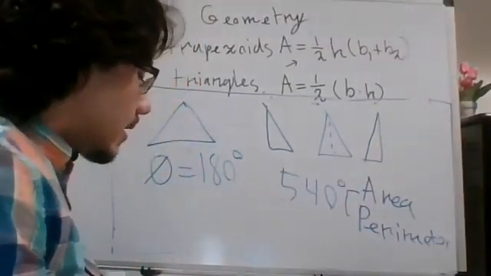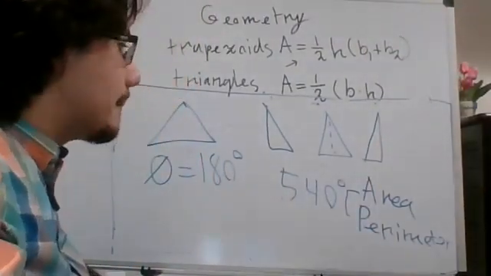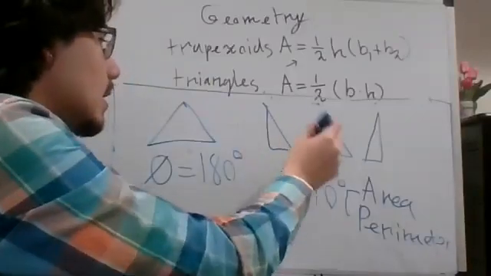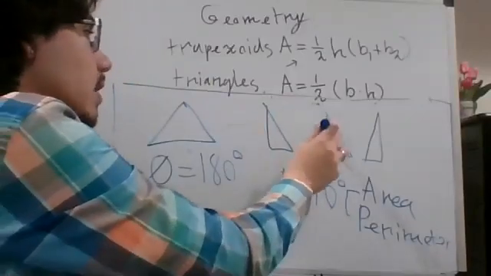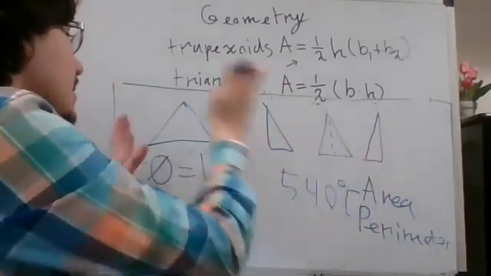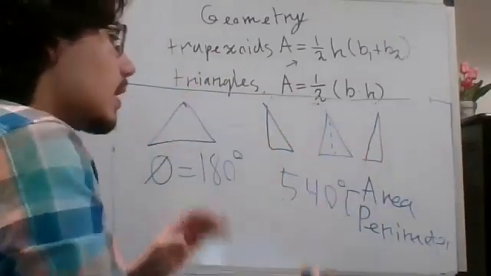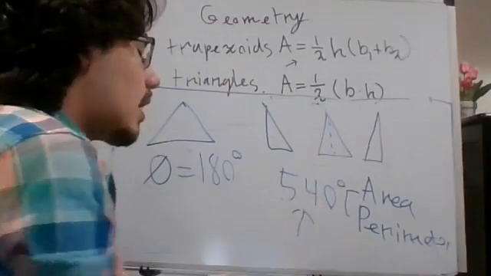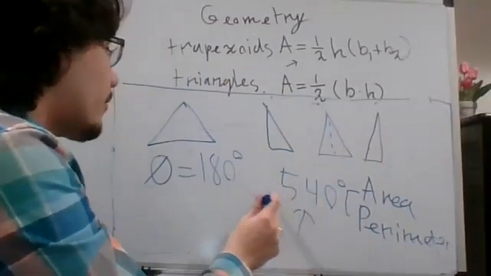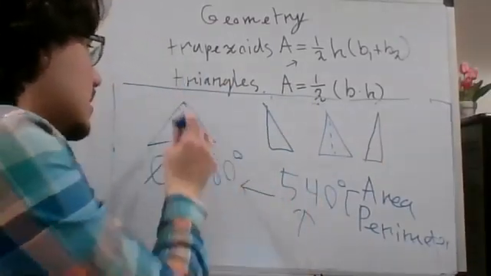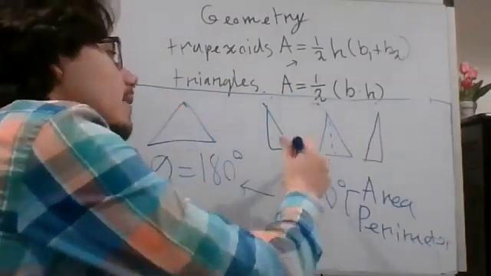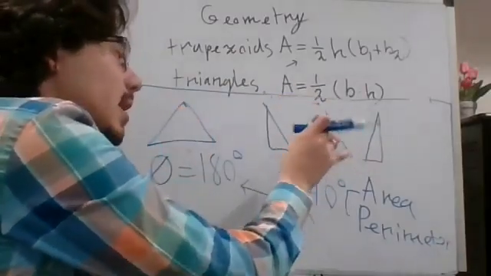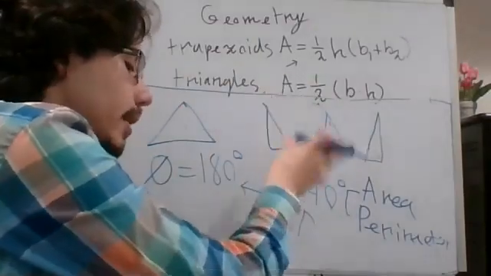So what we can say later on is that even though the total area of all the triangles together is the same as the one bigger triangle, with the total degrees being far more than the degrees of this triangle, this will have a much larger perimeter.